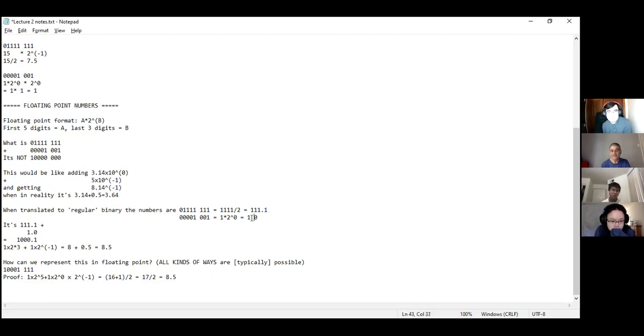So when you have to add binary numbers in floating point format, you have to translate them to what I call regular binary, something that isn't in floating point format.